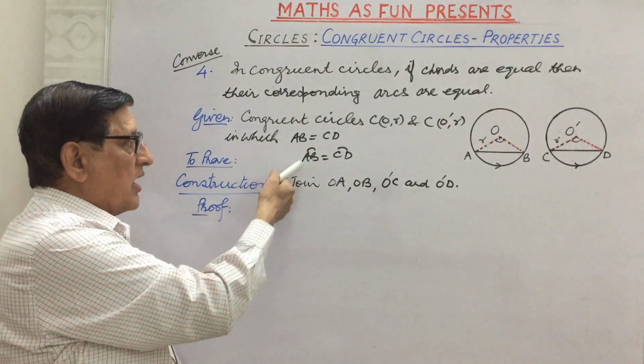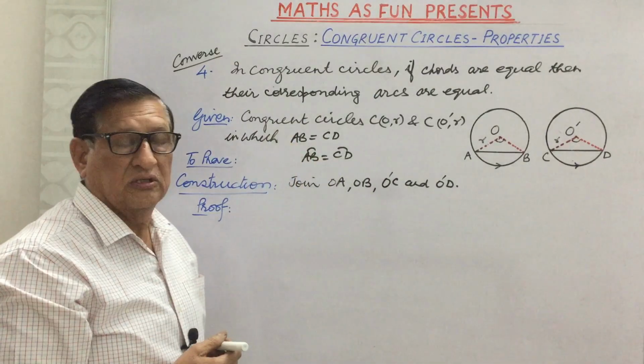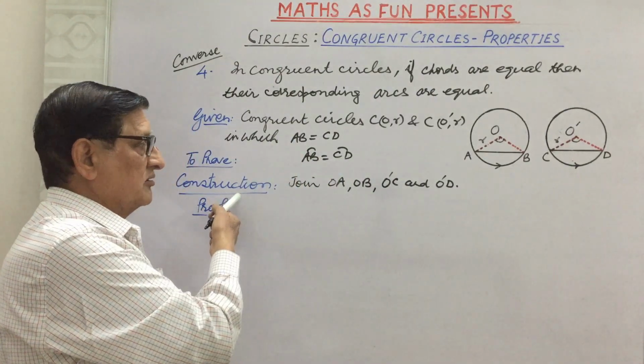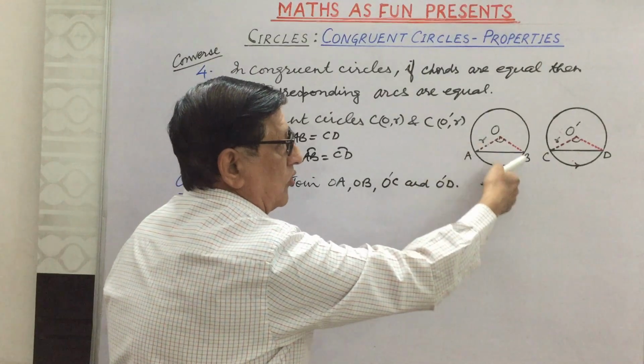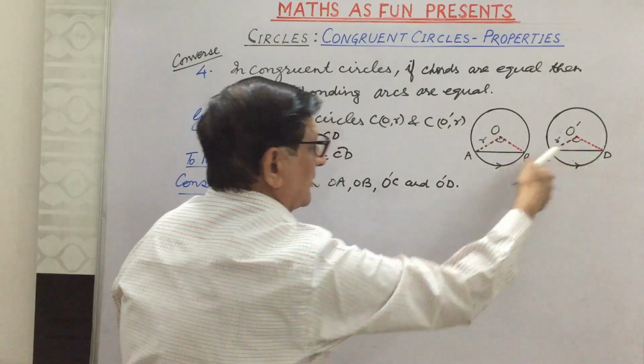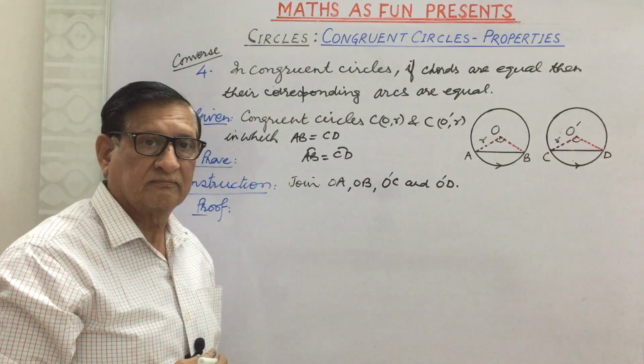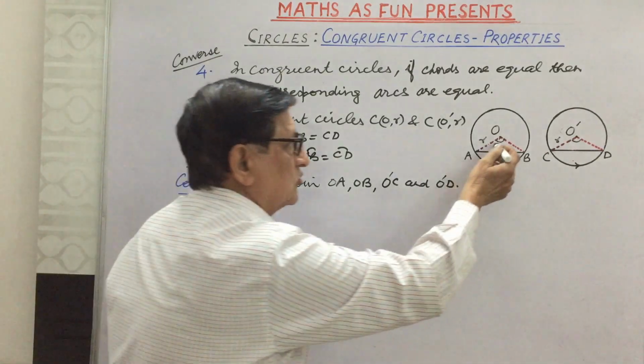To prove arc AB is equal to arc CD, and we have a construction, that is join OA, OB, O'C and O'D. Now in the proof we take these two triangles.